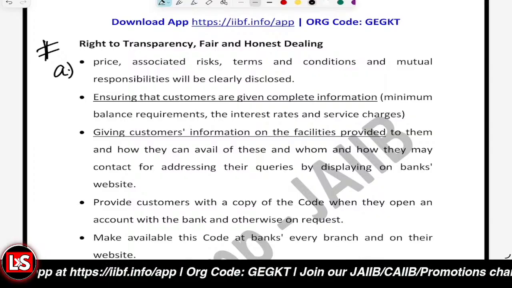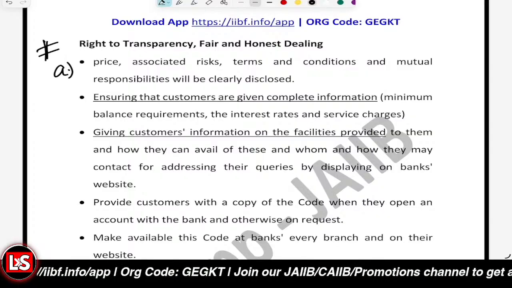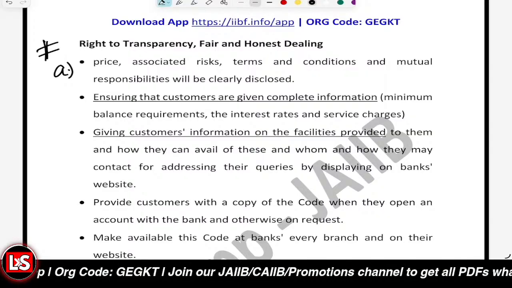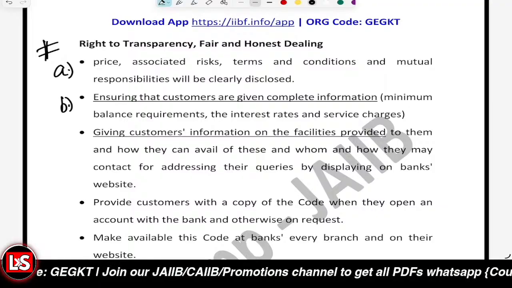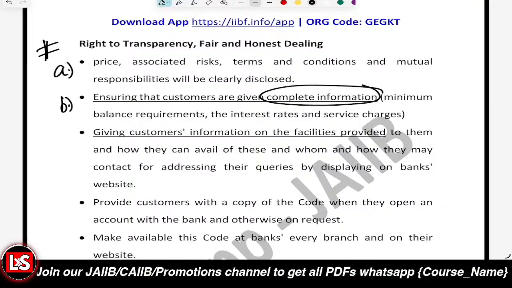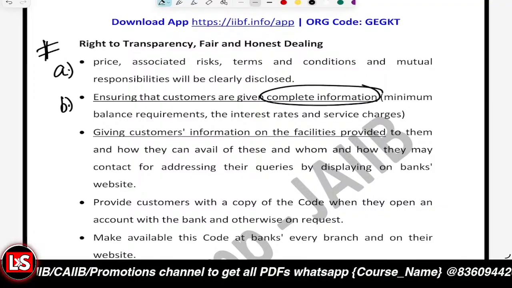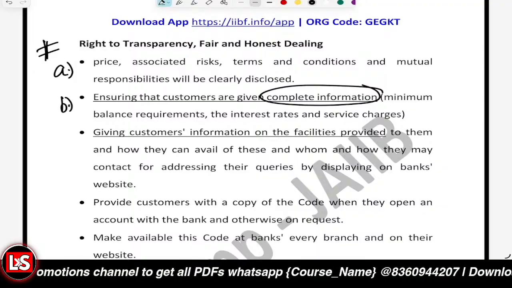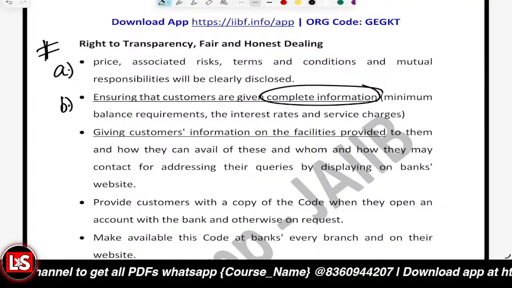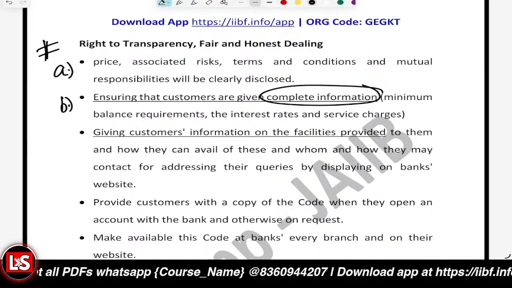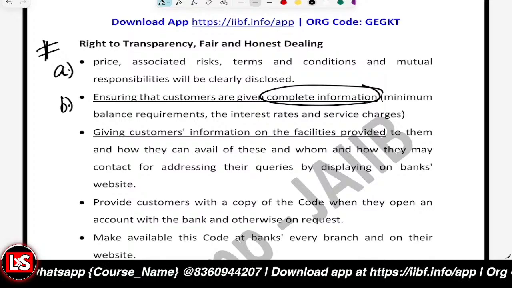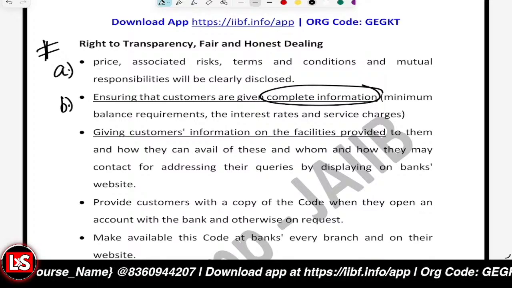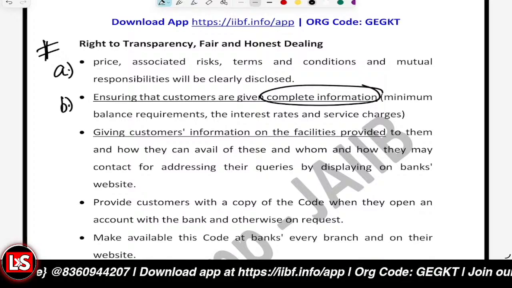Like clear disclosures should be there. Transparency must be there. And the complete information must be provided. The customer should be receiving the complete details, like what is the minimum balance requirement, what penalties will be imposed, and what are the service charges. The complete information should be given to the customer.